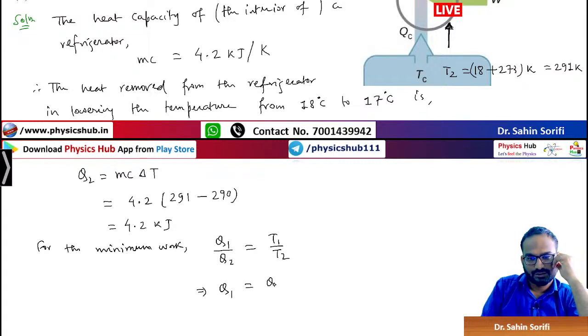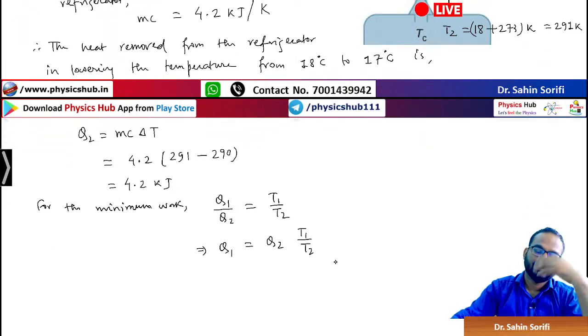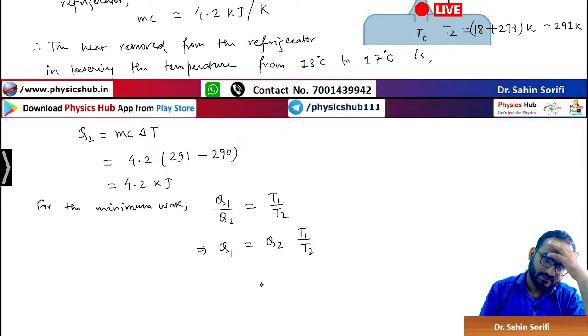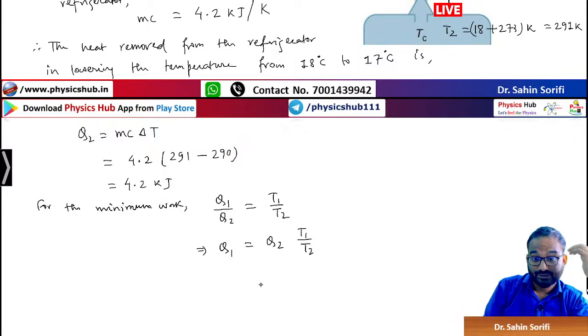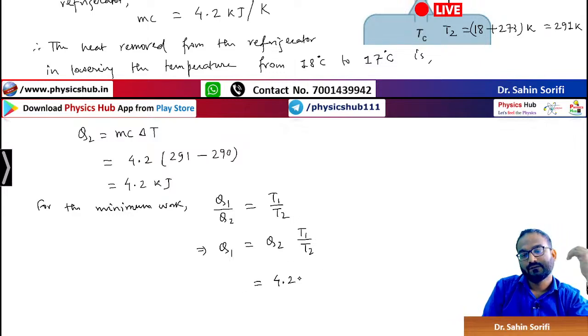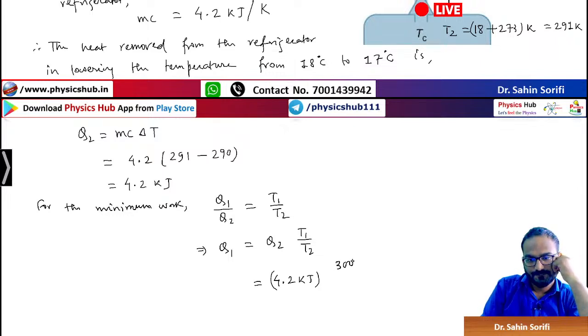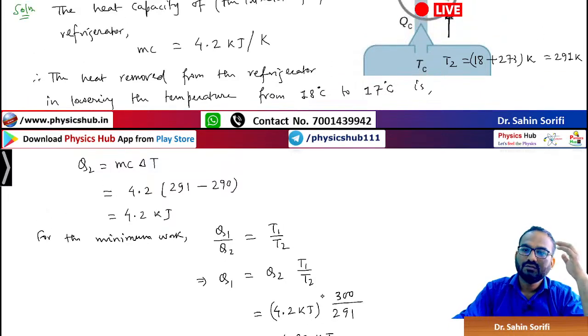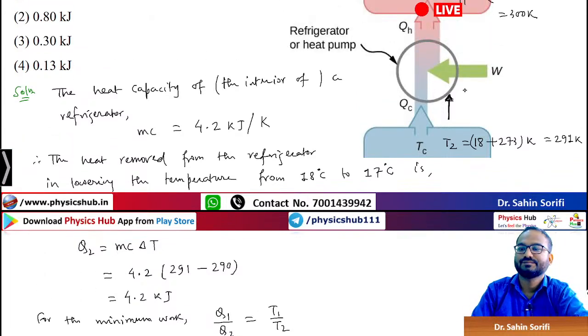Q1 is equals to Q2 times T1 by T2. We know T1 and T2. So Q1 is Q2, 4.2 kilojoule, times T1 by T2. T1 is 300, T2 is 291. So this is approximately 4.33 kilojoule. So Q1, Q2 we have got.